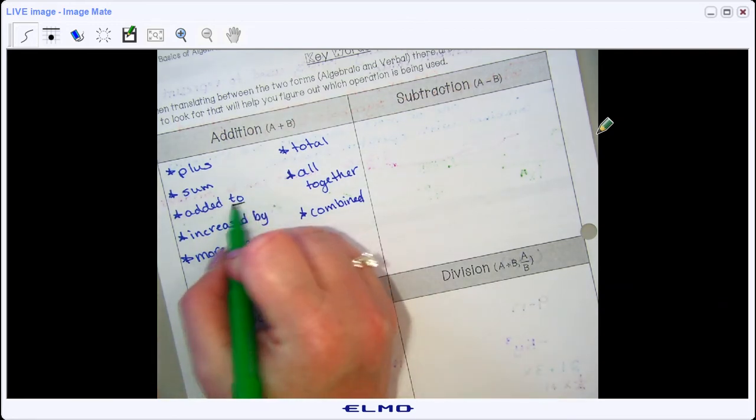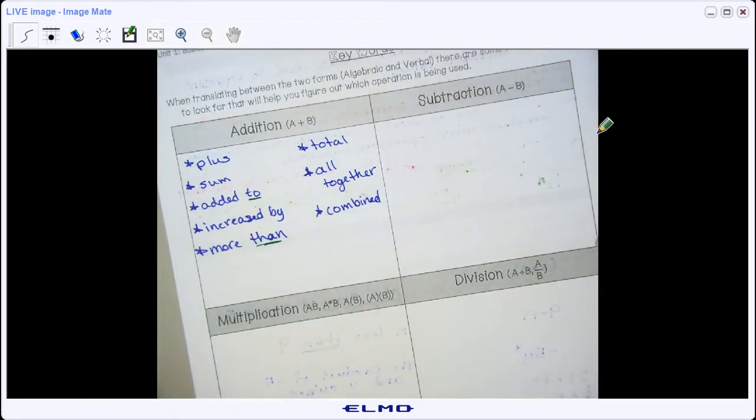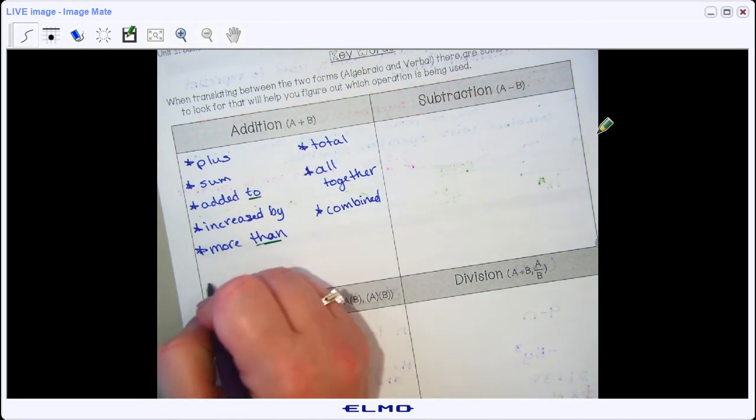So again, to, than, those are 2 of our flipping words. So with those phrases, we would flip. Whatever comes before it would actually be written at the end after the plus sign.